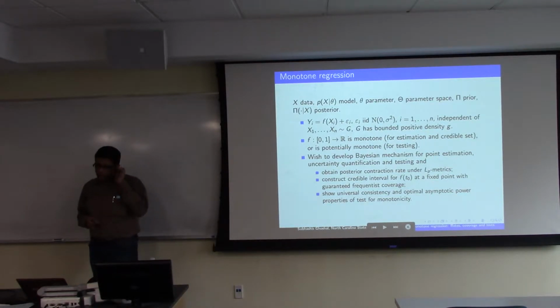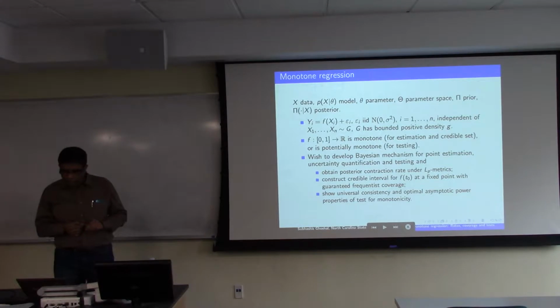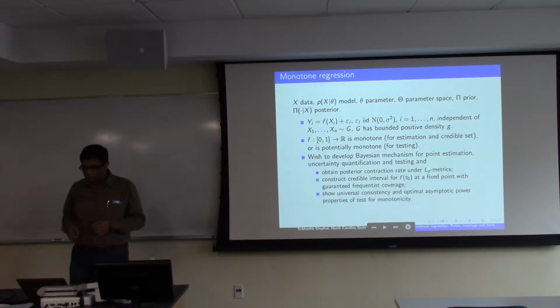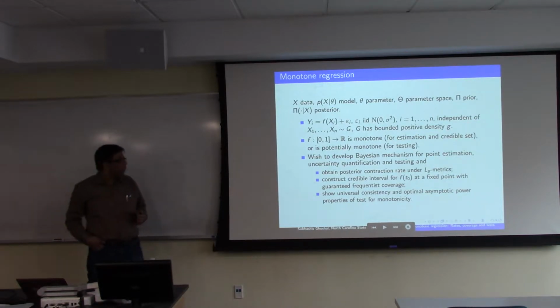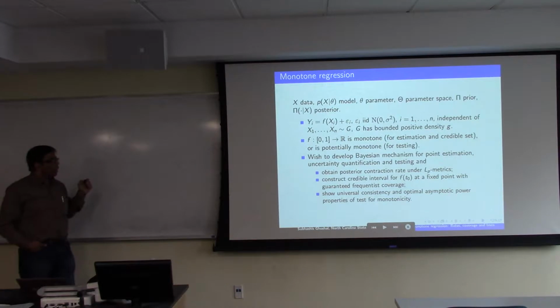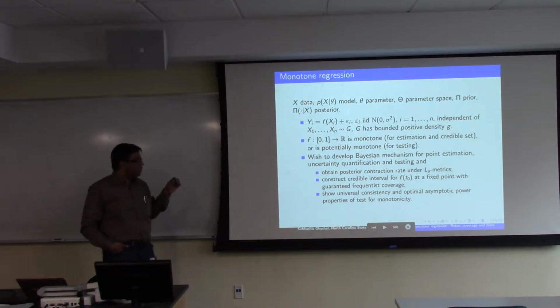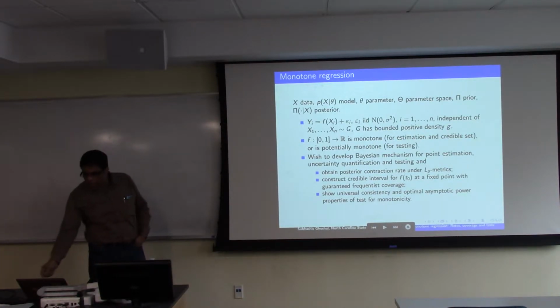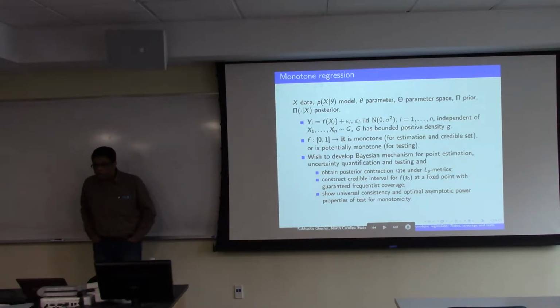It also depends on the property of the prior, so what kind of prior we can put so that we get there. Then a somewhat more complicated problem is to look at credible intervals, that's the Bayesian analog of confidence intervals, for the function value at a fixed point, say t0, and then we want to see how much confidence there is in that interval in the frequentist sense.